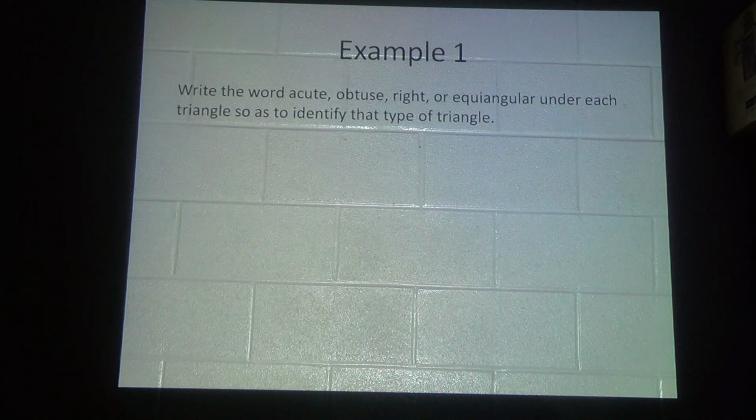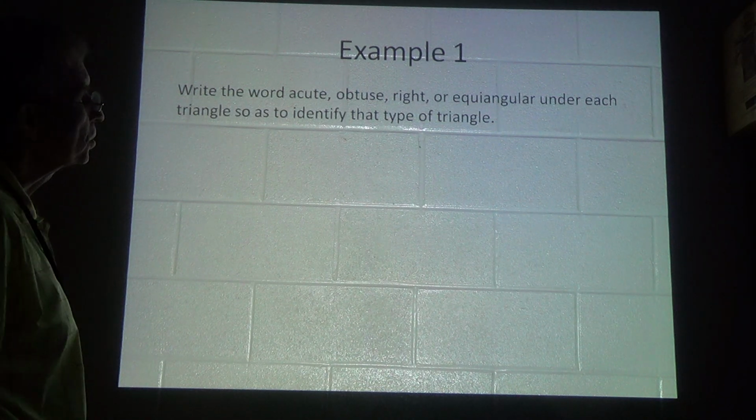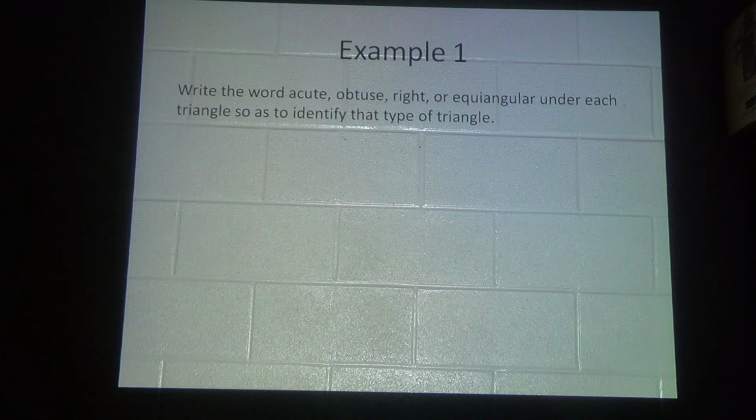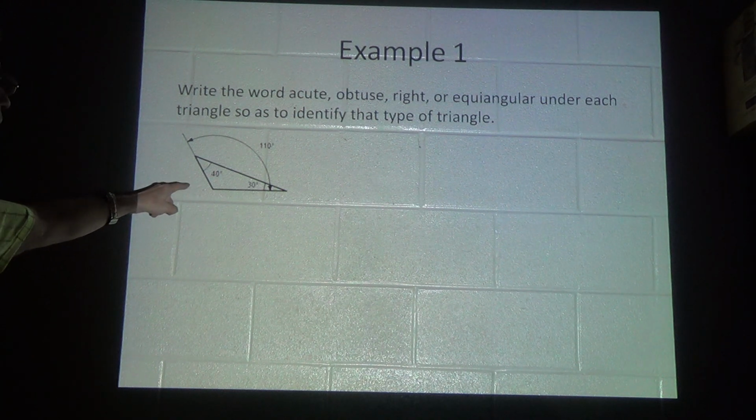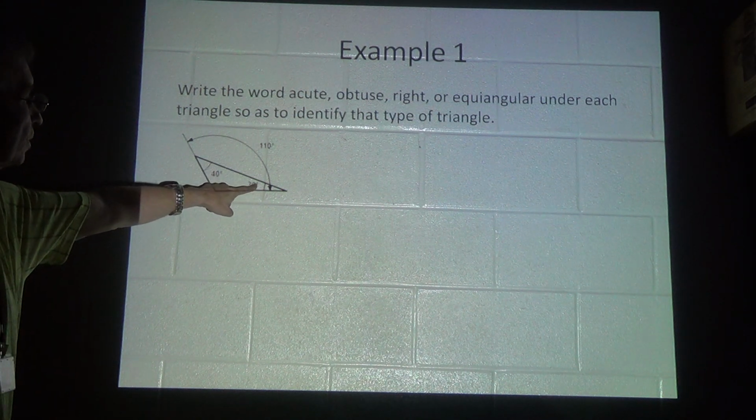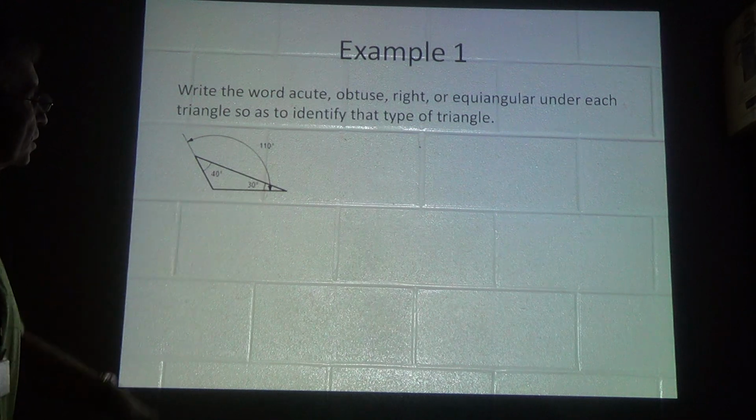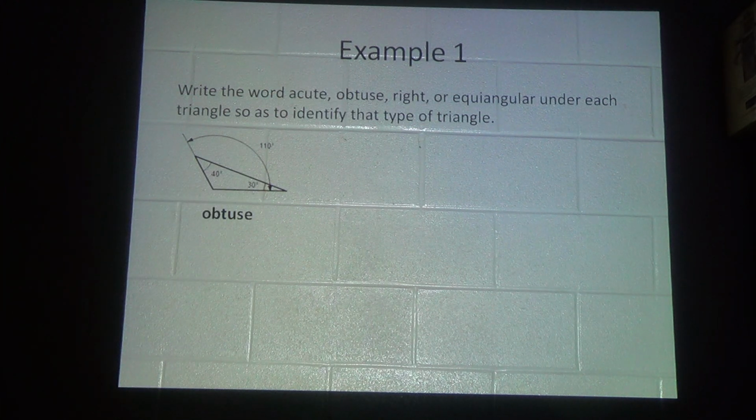Okay, example 1. Write the word acute, obtuse, right, or equiangular under each triangle so as to identify that type of triangle. Okay, so this triangle right here, we have what? Since it's got 40 and 30, and this big angle is 110, that makes it an obtuse triangle.